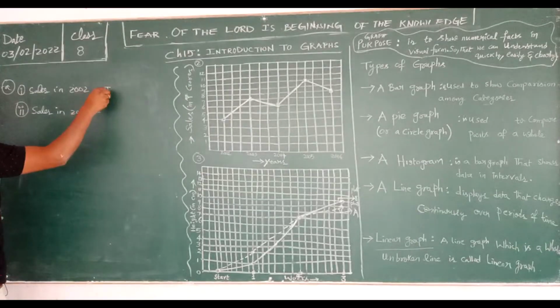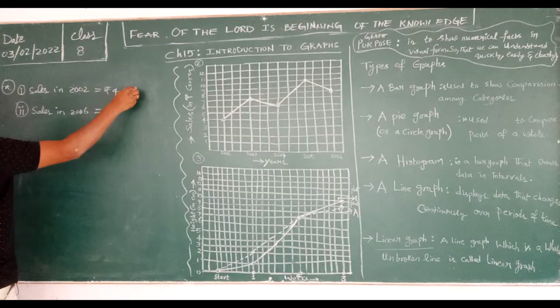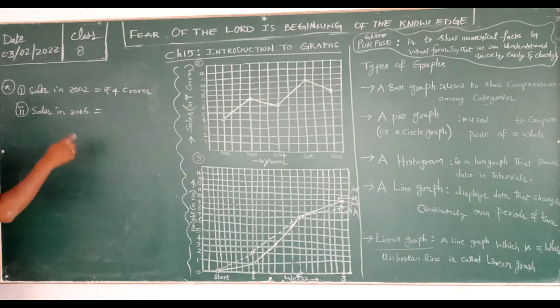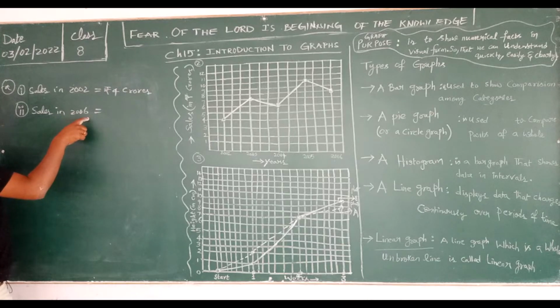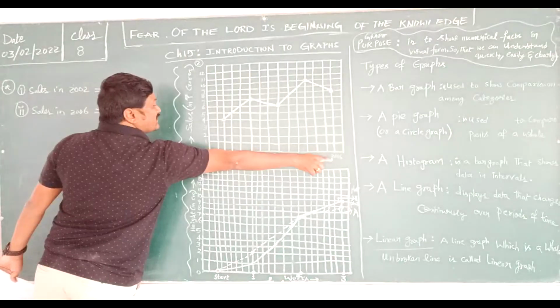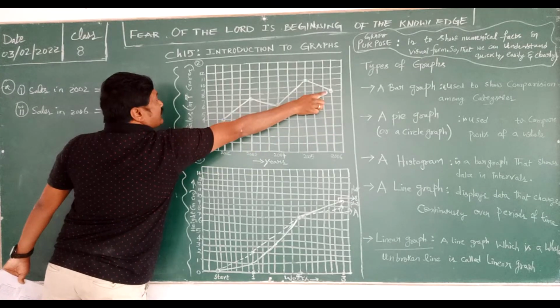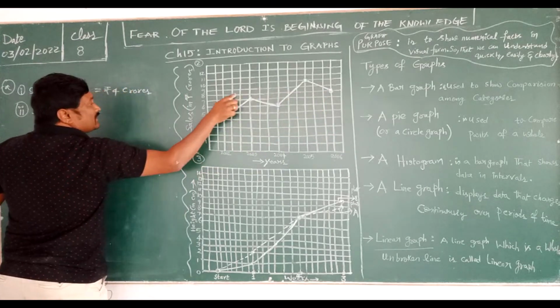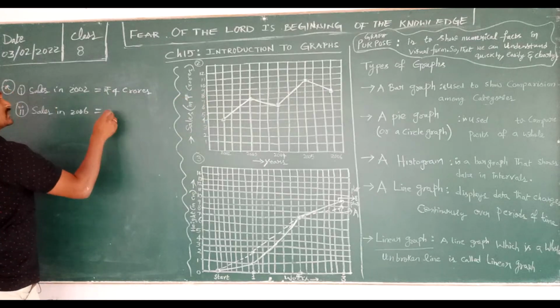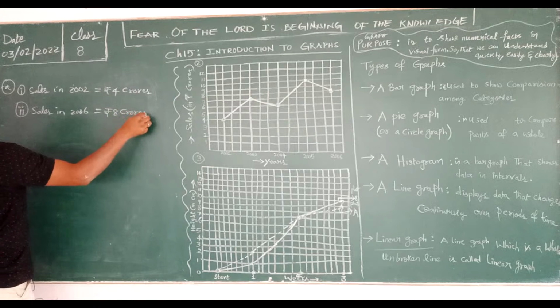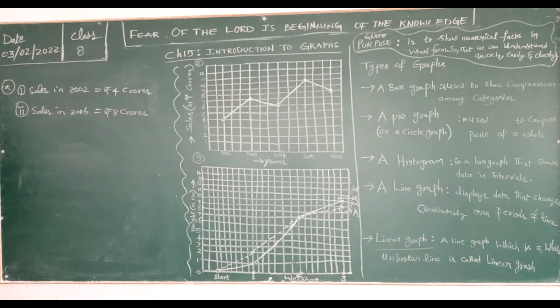So write rupees 4 crore. For sales in 2006, just check the 2006 place here, find that point, and come to this line: 8 crores. So you write rupees 8 crores. Who has given the answer? Let me check. 4 and 8 crores.